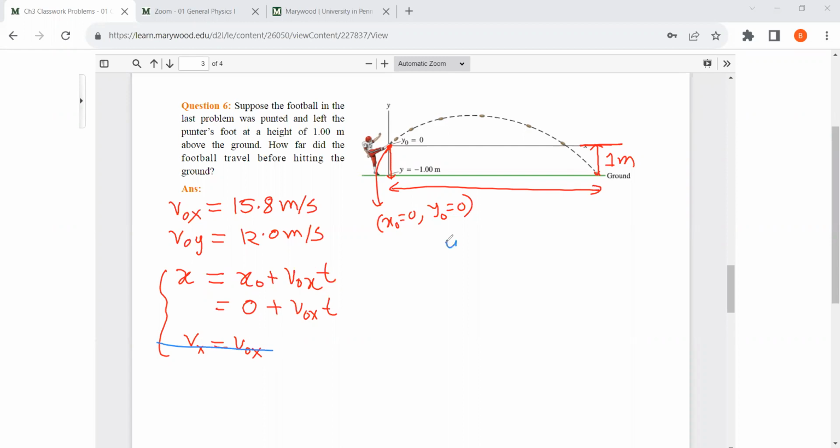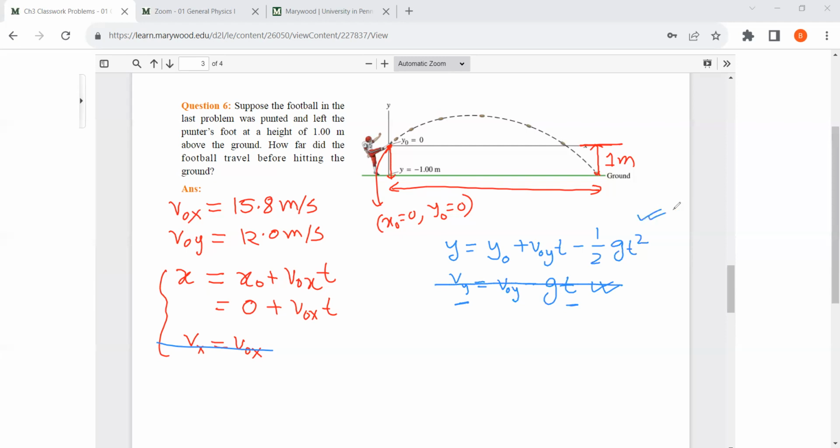Let's start with this equation: y equals y0 plus v0y t minus half g t squared. Another equation is vy equals v0y minus gt, but we cannot use this one because it has two unknowns, vy and t. So again we cannot use this equation.